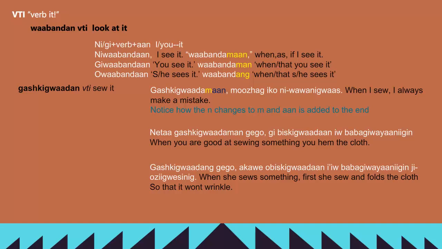Notice how in the sentence below here, the N in the verb changes to an M and on is added to the end. So the verb we're conjugating, gashkigwadan, sow it, we want to say when I sow it. So that would be gashkigwadaman, when I sow.